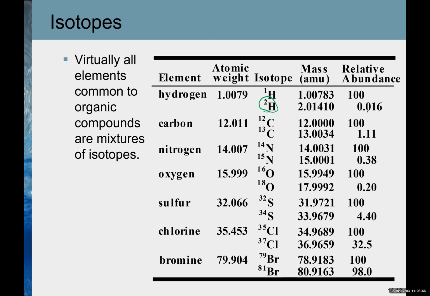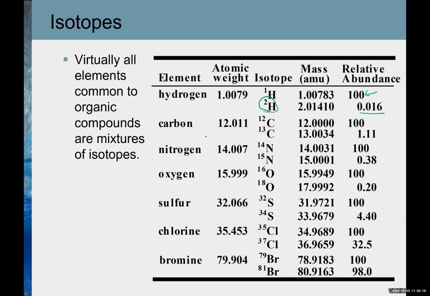The relative abundance is pretty small. It's not even one. If we have 100 of normal hydrogen, naturally occurring molecule, we only have 0.016 molecules of deuterium. Not that much, really small.